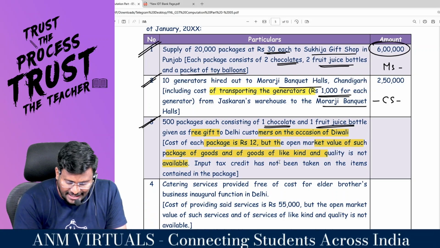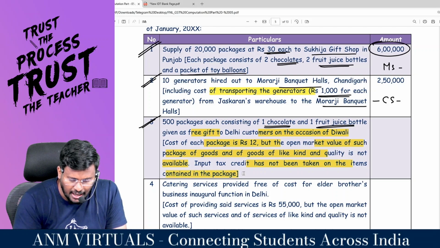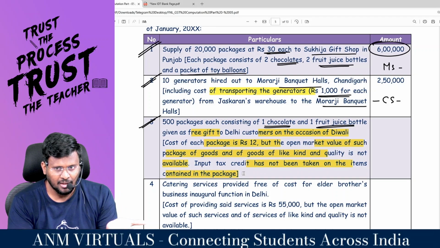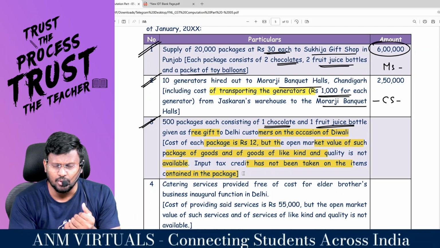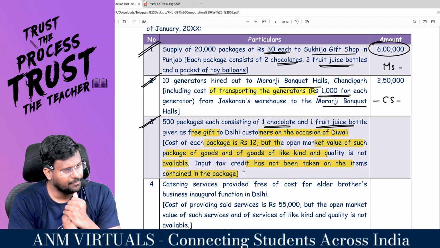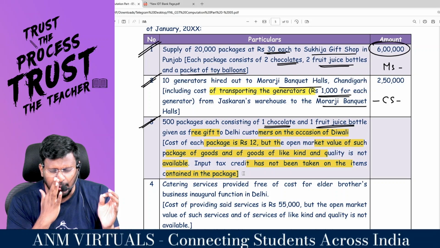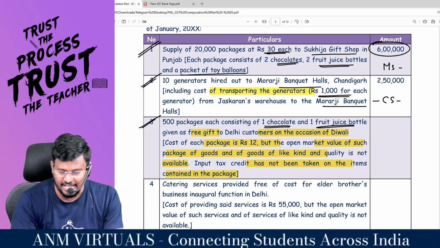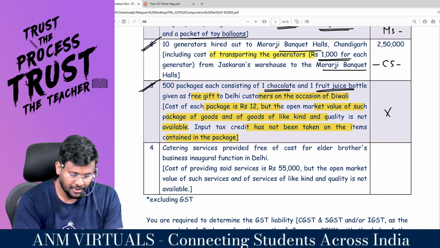ITC has not been taken on the items contained in the package. There is no consideration, so is it a supply? Not a supply, because there is no need to treat it as a deemed supply. To treat it as a deemed supply, there must be permanent transfer or disposal of a business asset where ITC has been availed. Fine.